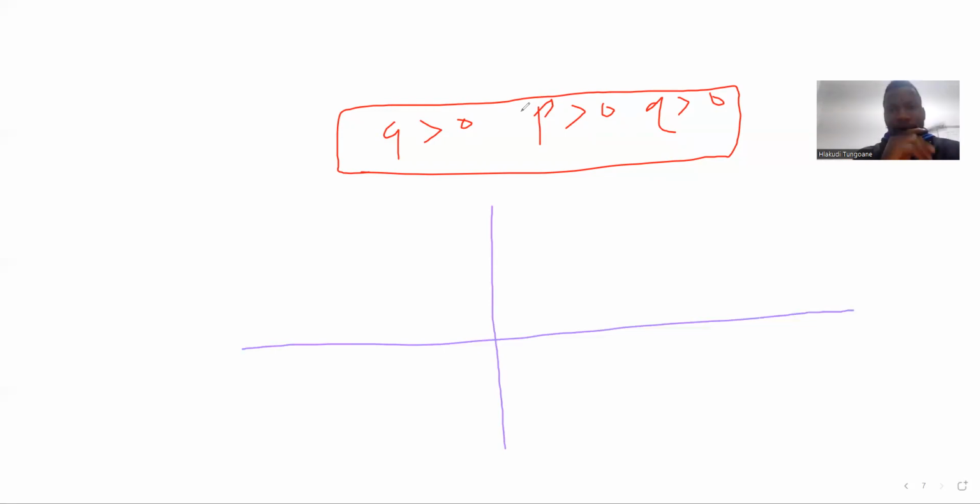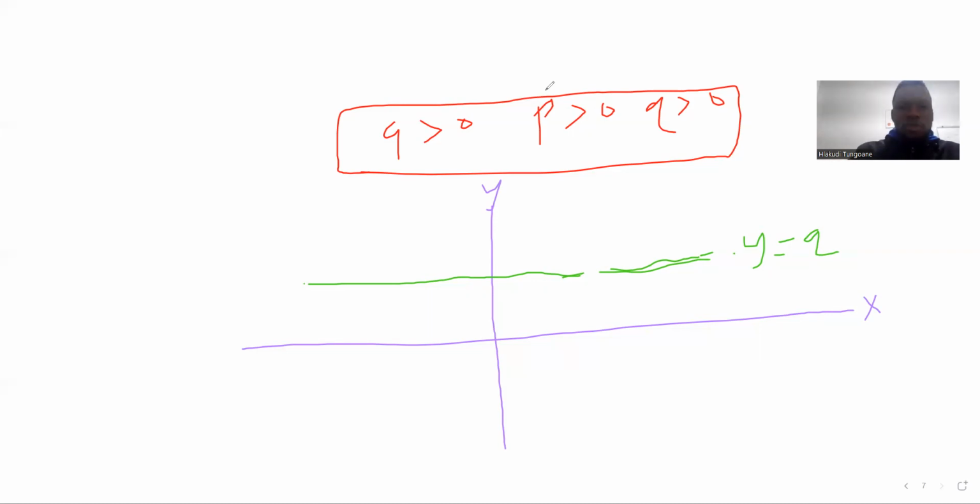Then you have line Q, which is a dotted line, y equals q. This is the x-axis, and the y-axis. And then you have the line x equals minus p right here.